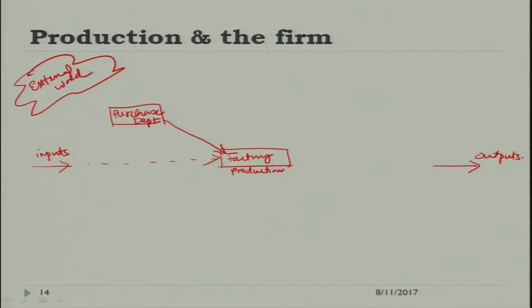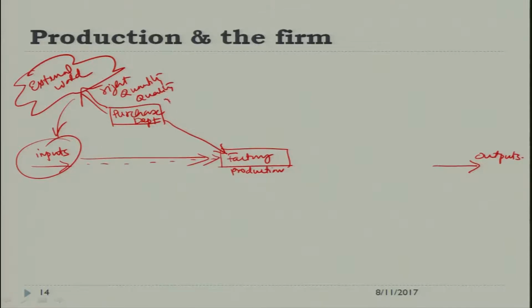You do tendering, whatever you want to do, and find these inputs and give them to us. So the purchase department interacts with the external world, finds these inputs of the right quantity, quality and price, and delivers them to the factory.